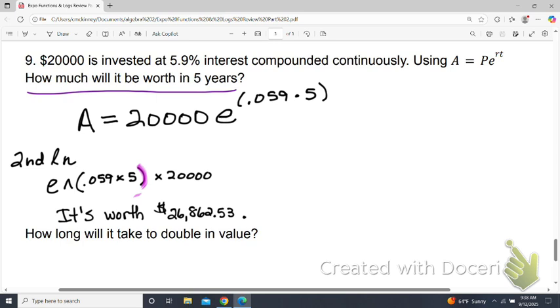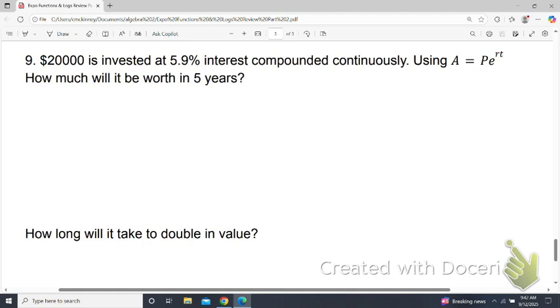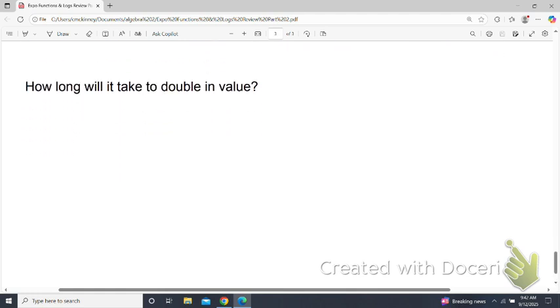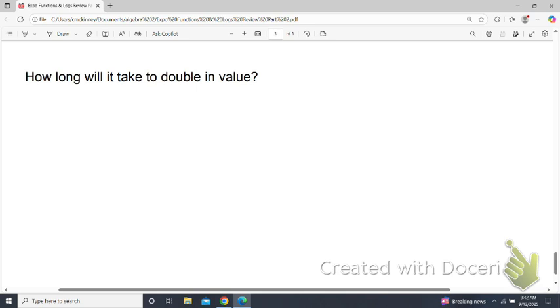And then the last part is asking about how long it will take to double in value. So it's a how long will it take? We're looking for time. So it is going to be something that we need to use logs for. And we have a couple options here.